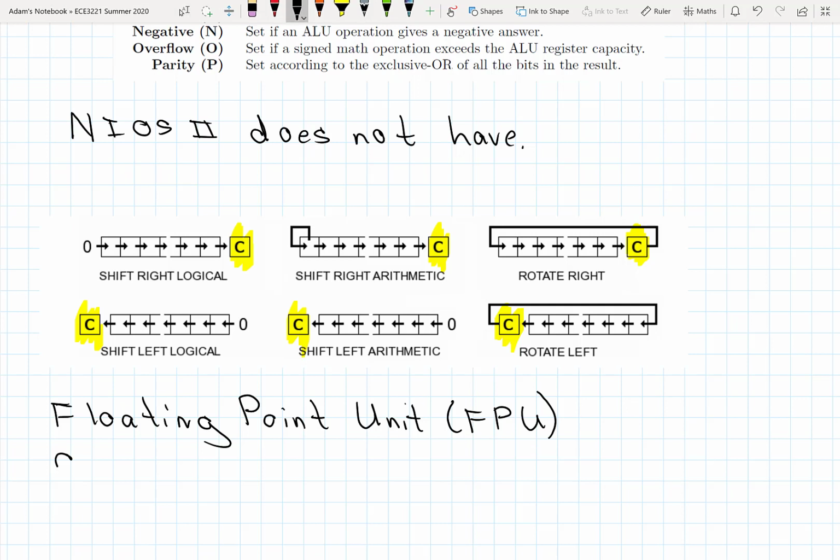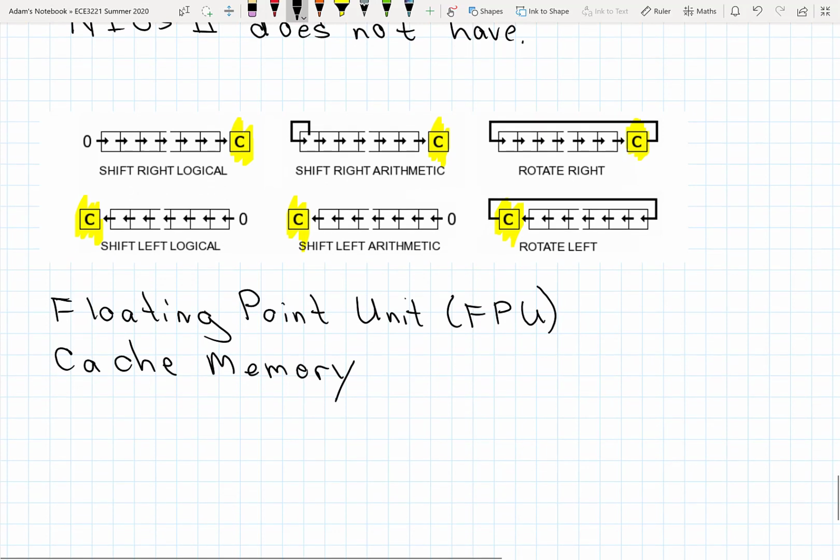Cache memory, another interesting topic. Cache memory is a means of the processor predicting where the next instruction is going to come from in memory, and prefetching that to reduce the access time that might be required, and can therefore speed up the fetch and execute process, or the actual execution of your code.